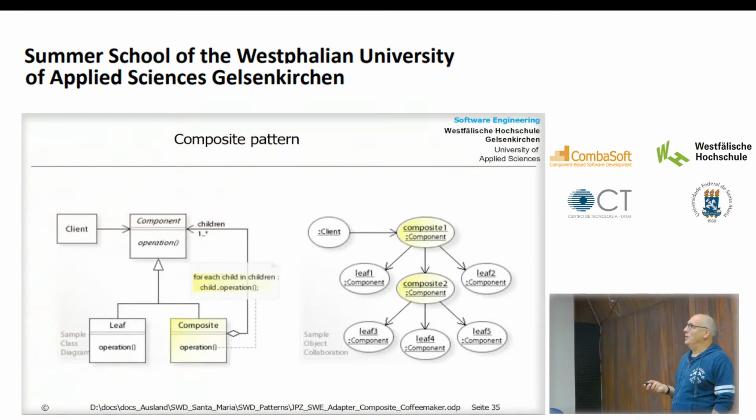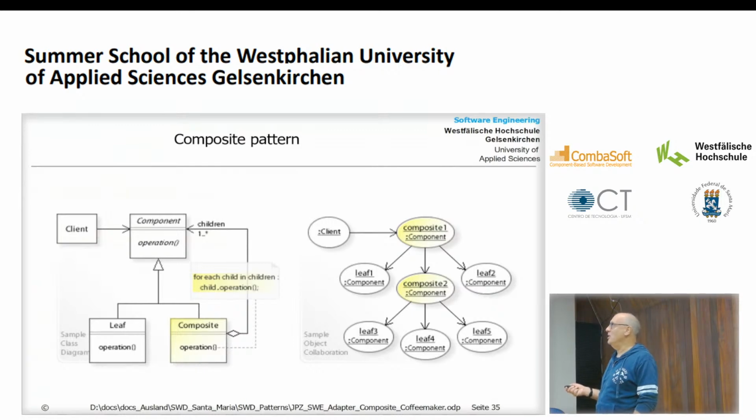So a composite pattern always looks like here on the left-hand side. You have an abstract component. You have an operation on it, many operations on it, and you have two specializations. One is a leaf, which cannot be further refined, and you have a composite, which is on one hand a component, a special component.